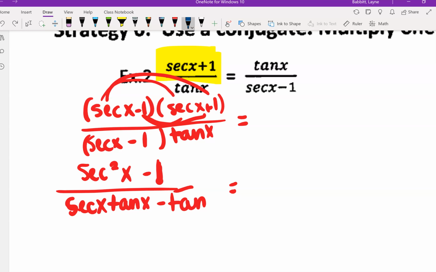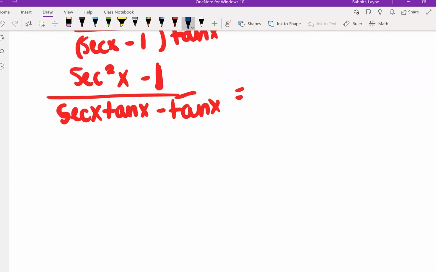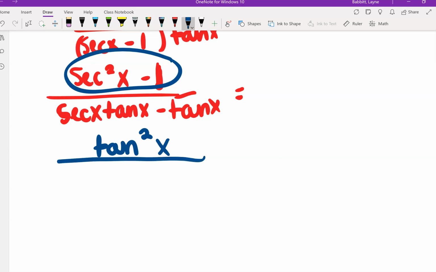This is going to be a Pythagorean identity. If you look back on your notes, or if you have it memorized, you'll know that secant squared x minus 1 equals tangent squared x. So this top part is going to become tangent squared x. And then on the bottom, we still have secant x times tangent x minus tangent x.